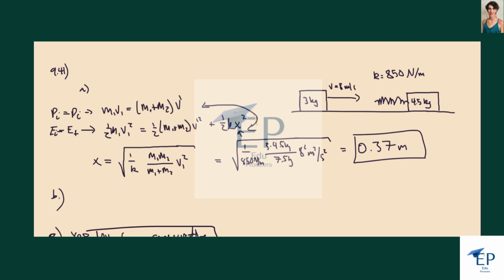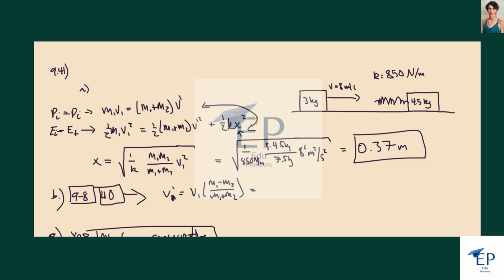Okay, so moving back to part B, since it's elastic, we can use simple equations to find the final velocities. We can look back at example 9.8 or problem 40, and we can solve these. So for a stationary target in an elastic collision, we have V1 prime is V1 times M1 minus M2 over M1 plus M2.